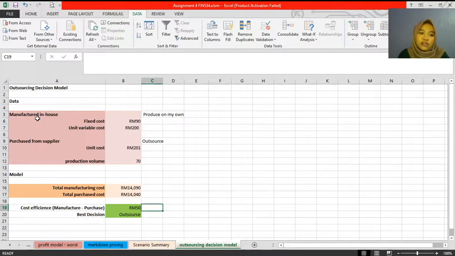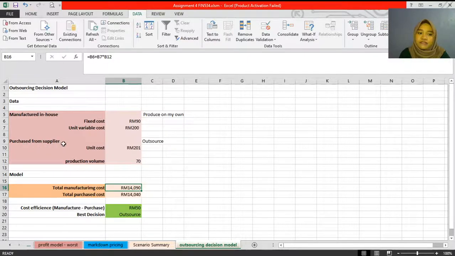Okay, so if I produce on my own, my fixed cost is RM90 and unit variable cost is RM200, and I add these two costs and multiply with my production volume, which is 70 units, and I will get my total manufacturing cost of RM14,090.